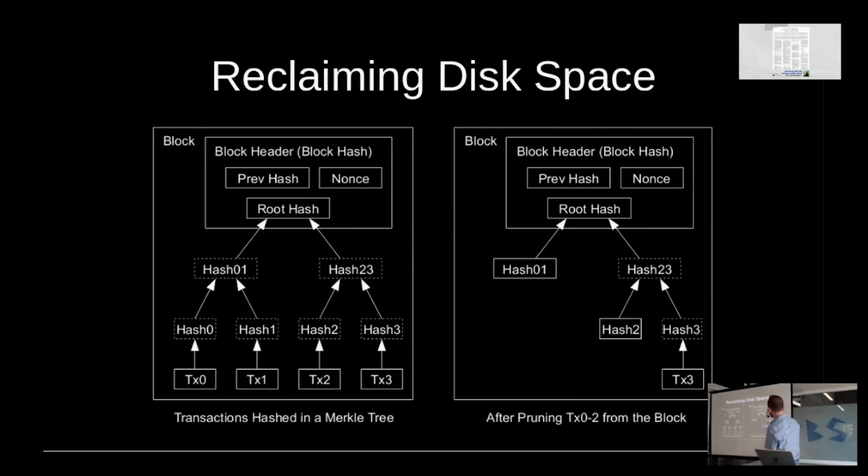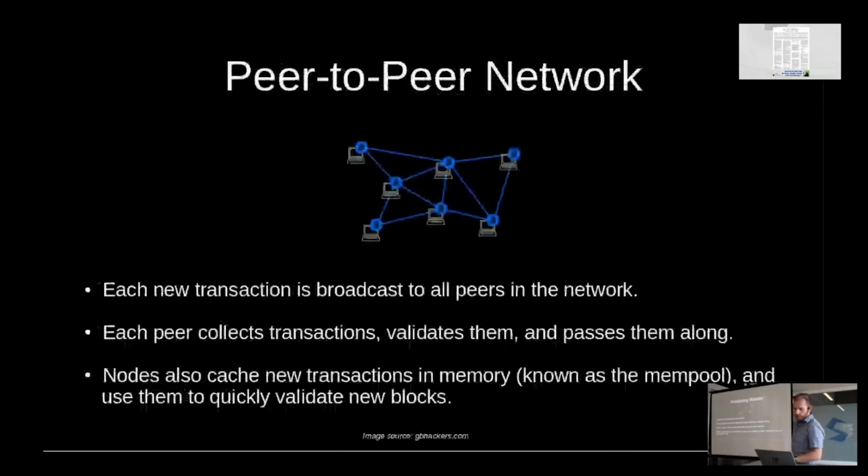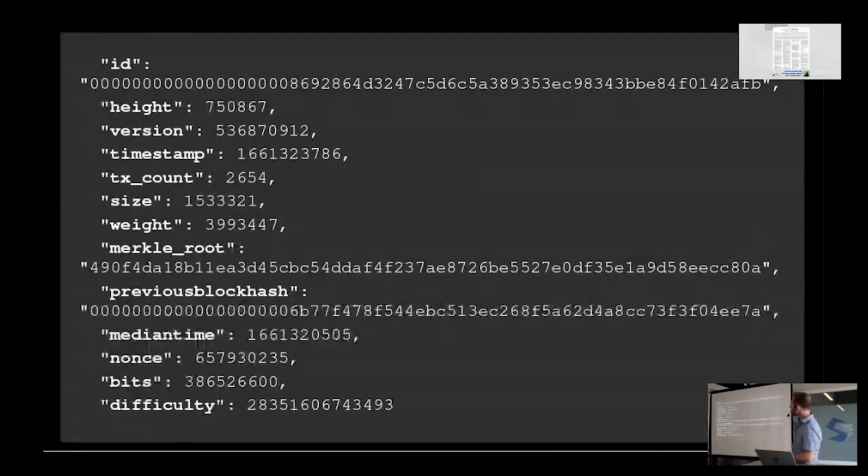So it's a really nice compact way of being able to prove that your transaction is inside this root hash. And all you really need is a transaction plus a couple pieces of data to reconstruct your branch of the tree. And so for an actual Bitcoin block, if we were going to go and look at a Bitcoin block, you don't need to put a bunch of transactions in here.